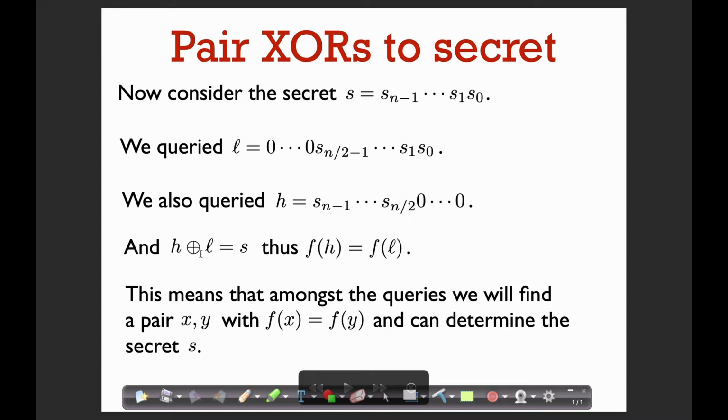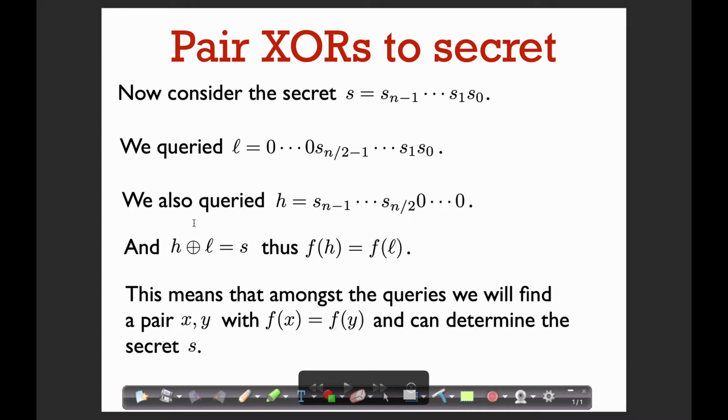Okay? So since h XOR L equals s, we must have that f of h is equal to f of L. And since we also know that s is not the all zero string, then L must be different from h.